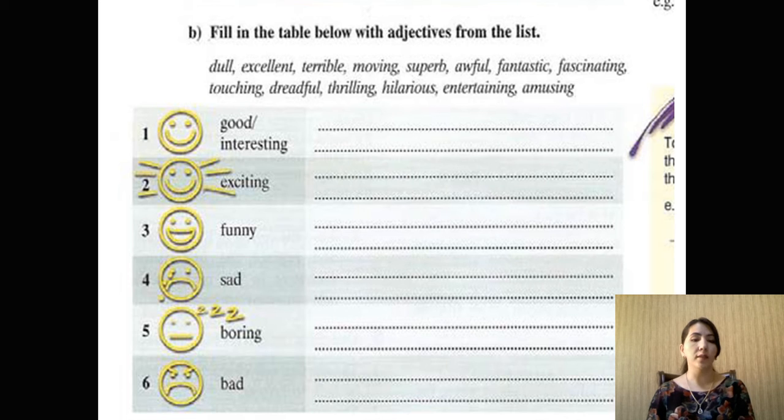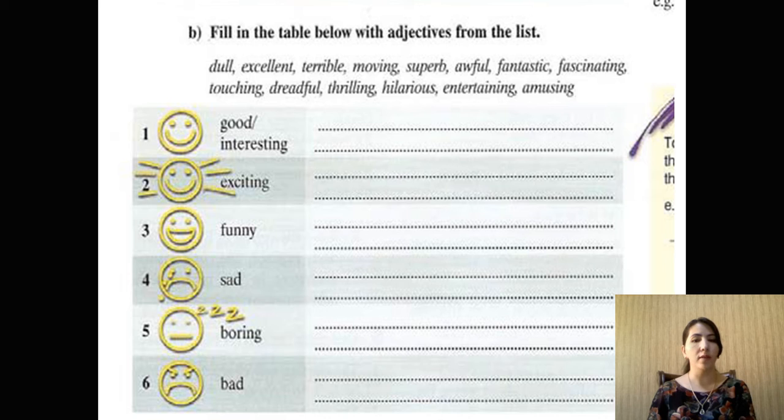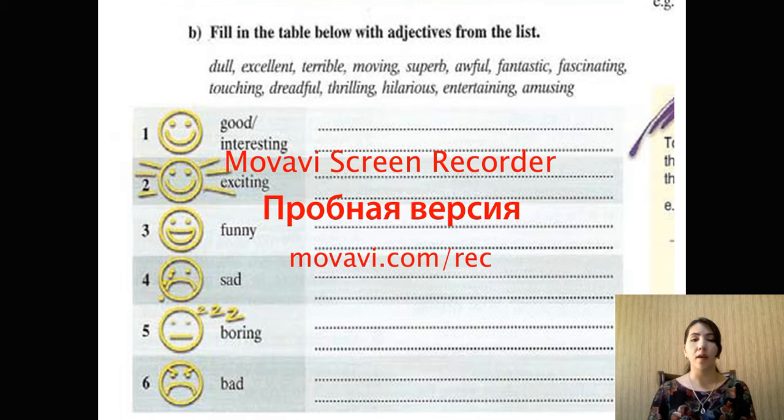Now look at this table. Fill in the table below with adjectives from the list. Dull, excellent, terrible, moving, superb, awful, fantastic, fascinating, touching, dreadful, thrilling, hilarious, entertaining, and amusing.